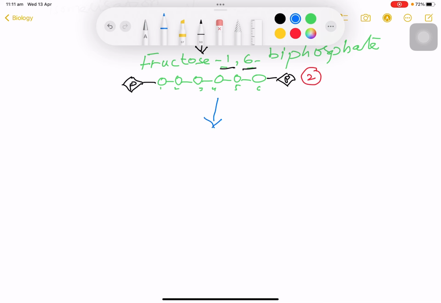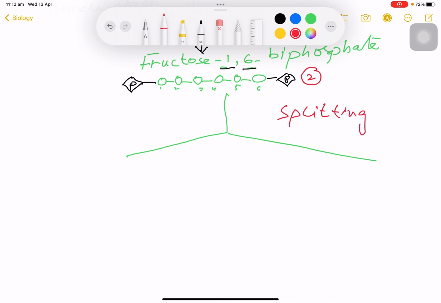Now here is one thing which happens: this fructose 1,6 biphosphate is going to be split. That's why its name is the splitting phase. In the splitting phase, we get 3 carbon and 3 carbon compounds, which you can also call triose.